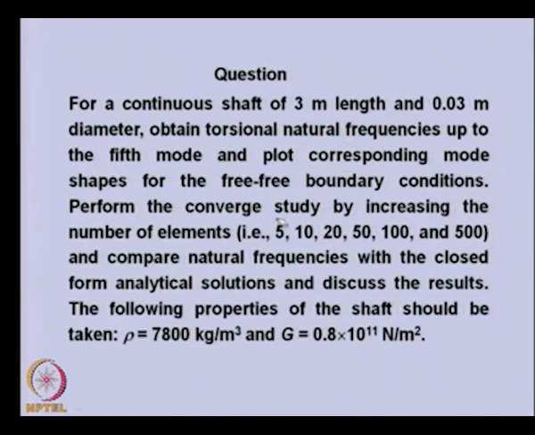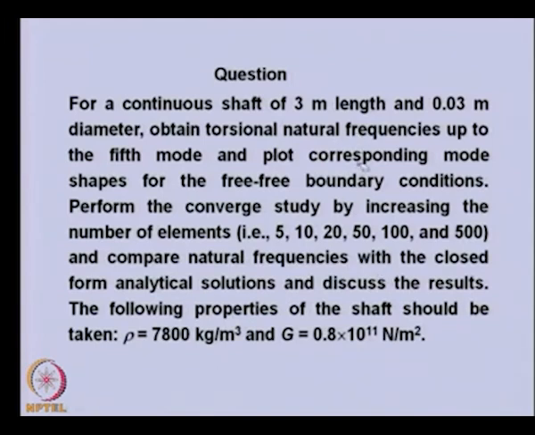We will take 5 elements, 10, 20, 50, 100 and even 500 elements, just to see how the results change with the number of elements, and we will compare the natural frequencies with the closed form analytical solution.